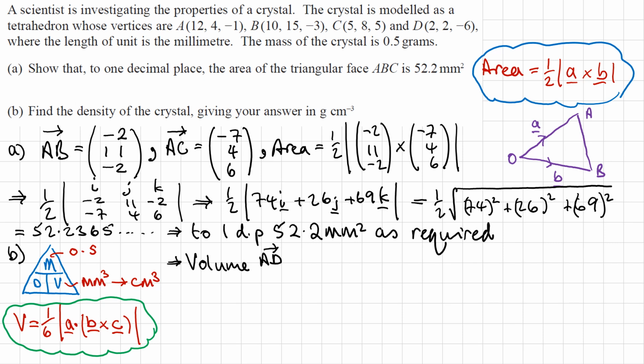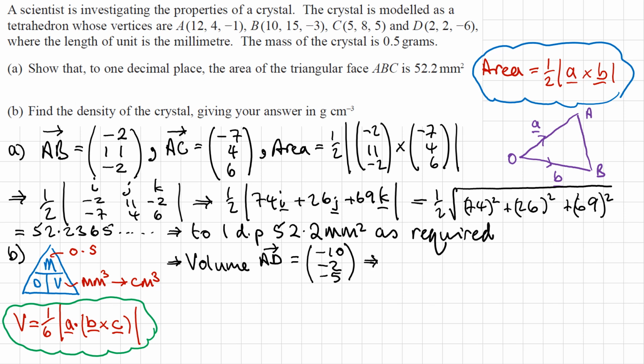So let's work out the jump between the vector A and the vector D. So we're going from 12 to 2, minus 10, and then from 4 to 2, so that'll be minus 2, and then negative 1 to negative 6, so that's going down by 5.